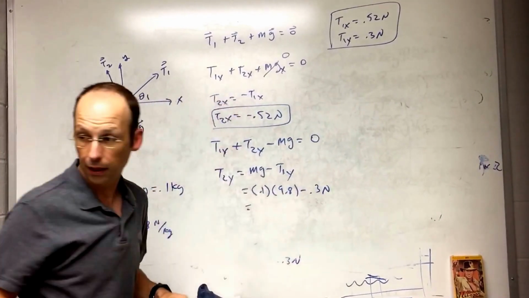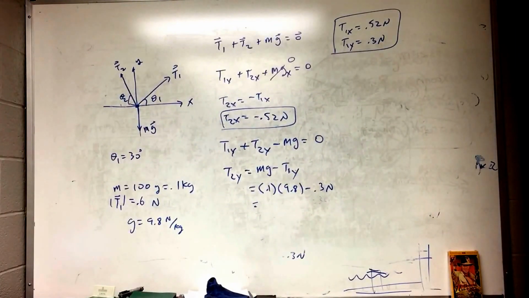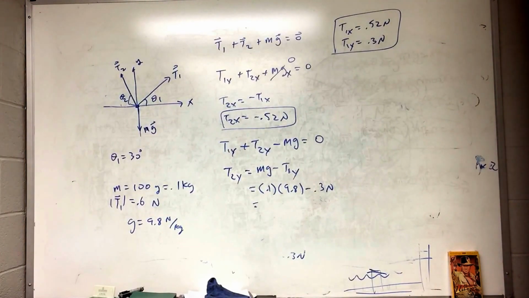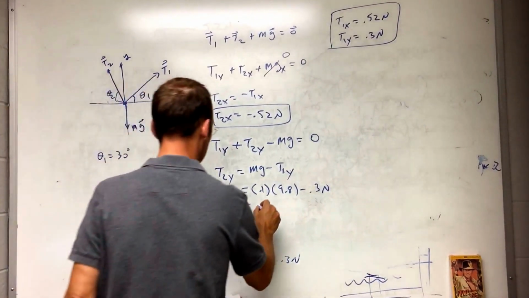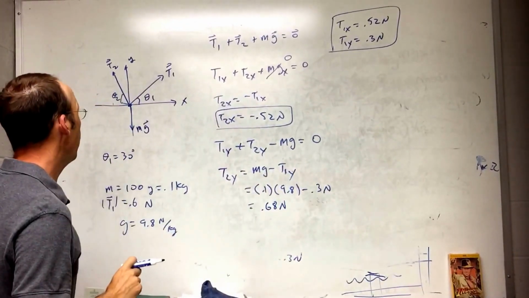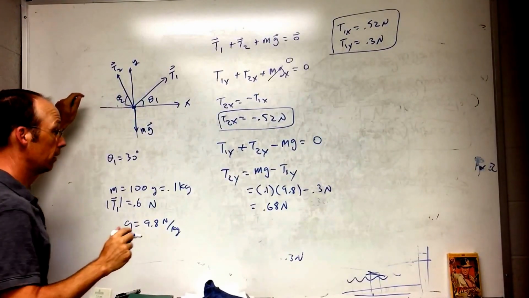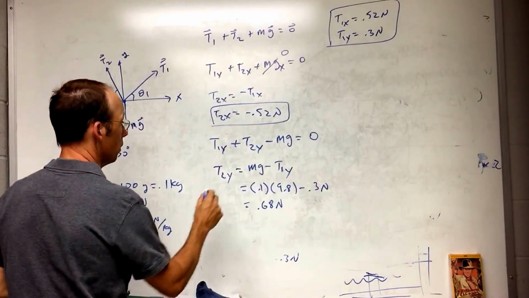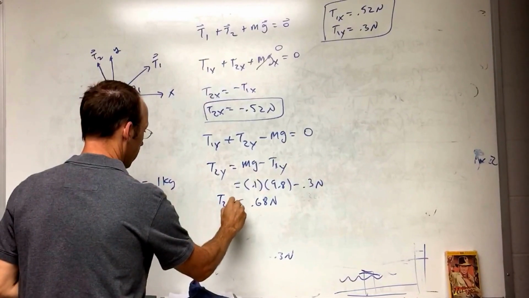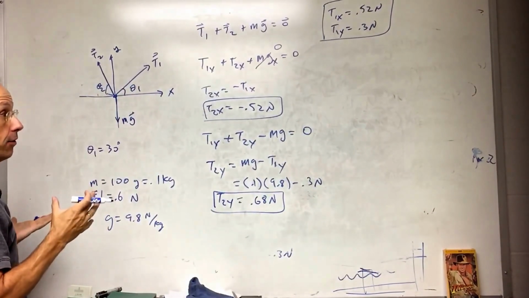So if I put this into the calculator, I get 0.68. So now I have both the x and the y component of T2. This is T2y. Now I want to find the magnitude.